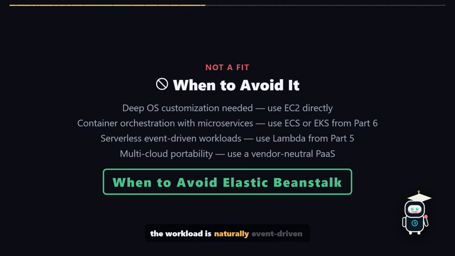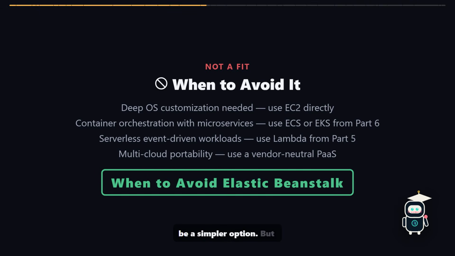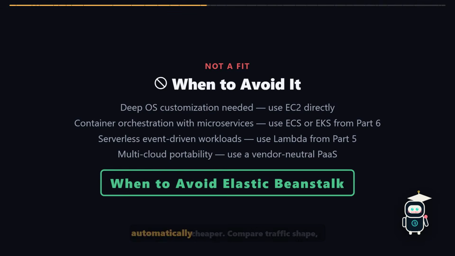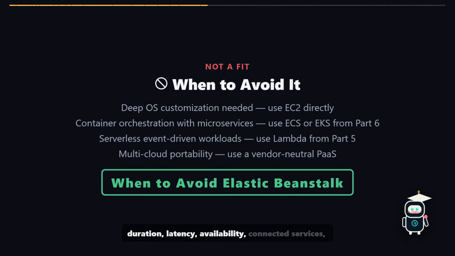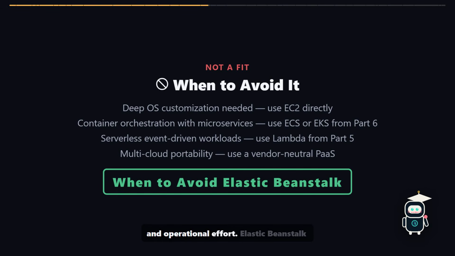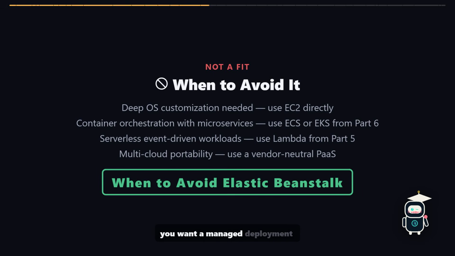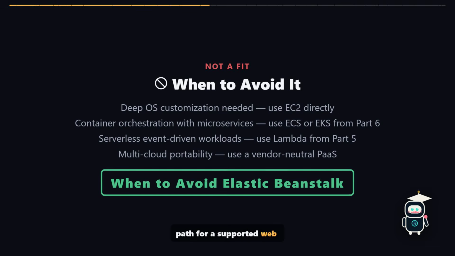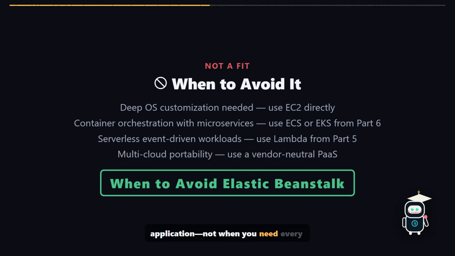If the workload is naturally event-driven and made of short, independent units of work, Lambda may be a simpler option. But do not assume Lambda is automatically cheaper. Compare traffic shape, duration, latency, availability, connected services, and operational effort. Elastic Beanstalk is a strong option when you want a managed deployment path for a supported web application, not when you need every layer of the platform to be custom.